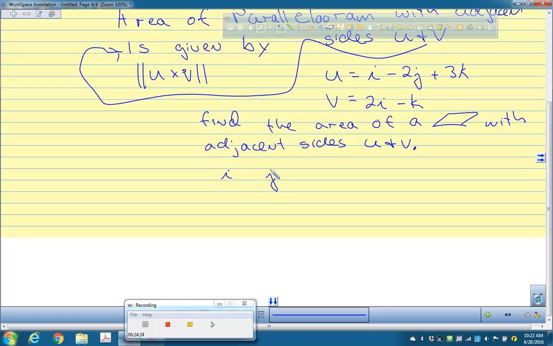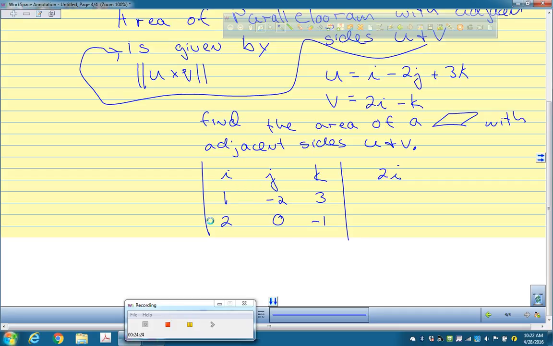Just chill. Okay? i, j, k, 1, negative 2, 3, right? 2, 0, negative 1, right? So that's what you have to do. So this times this minus this times this gives you 2i, right? Is that right? Yeah. And 2j, minus k, because that's a k, right?